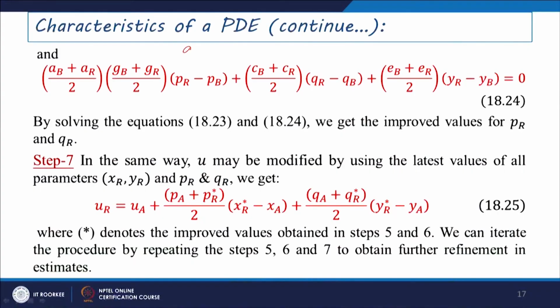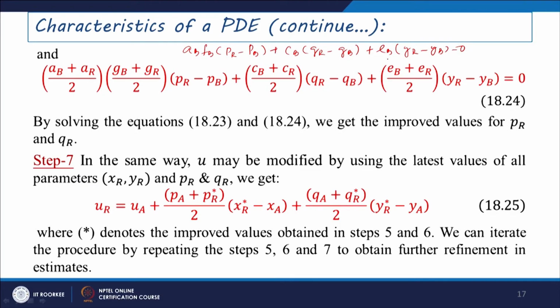And similarly, if you replace in the second equation of step 3, that is nothing but AB FB (PR − PB) + CB (QR − QB) + EB (YR − YB) = 0.